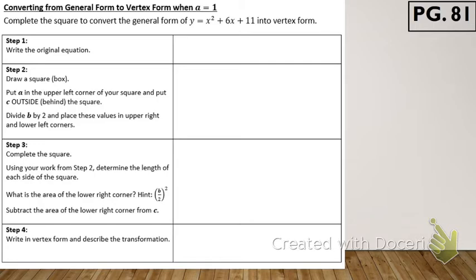So flip in your books to page 81 for me. The process that we're going to use to go from general form into vertex form is called completing the square.